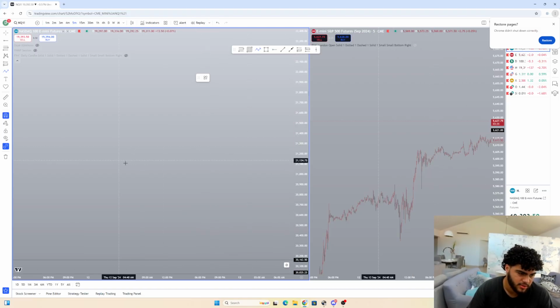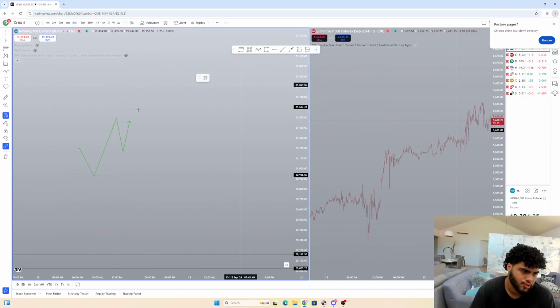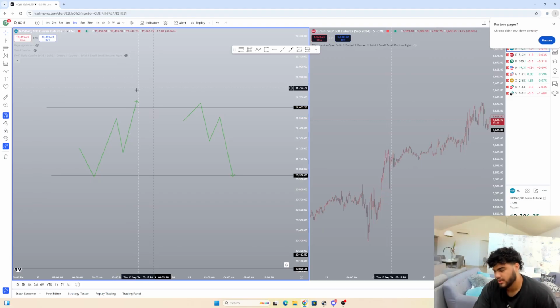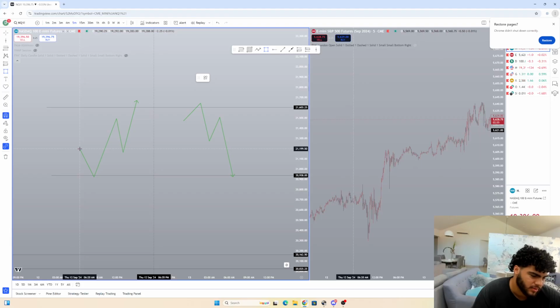So now we're going to do order blocks. Okay, so it's the exact same scenario as to what makes it higher probability as the inverse fair value gap.